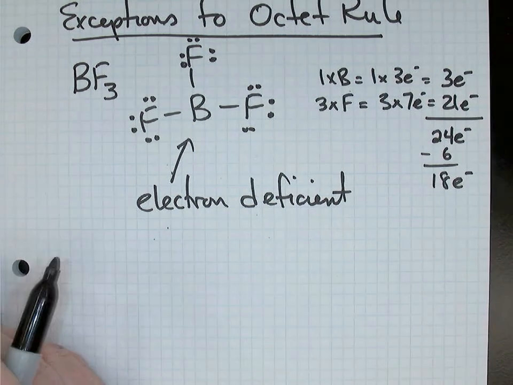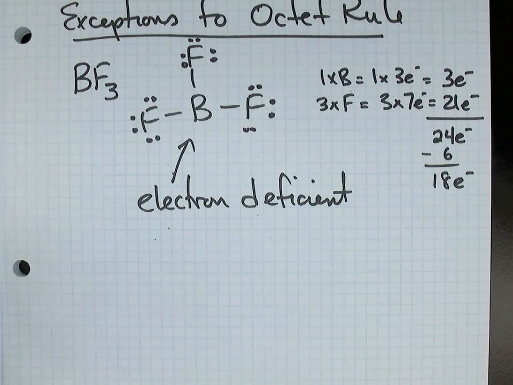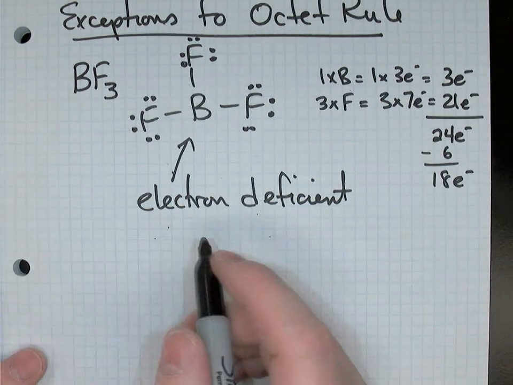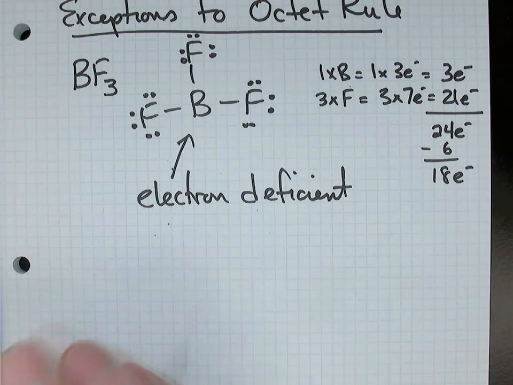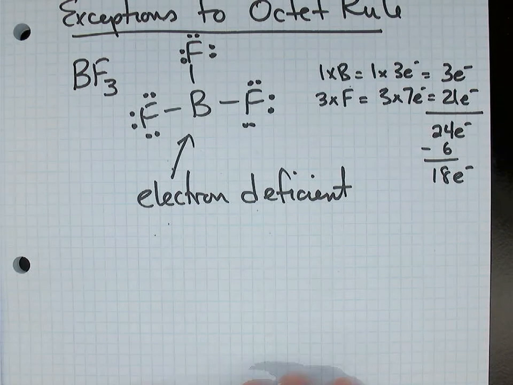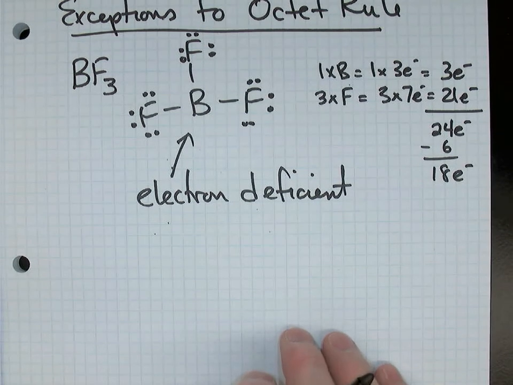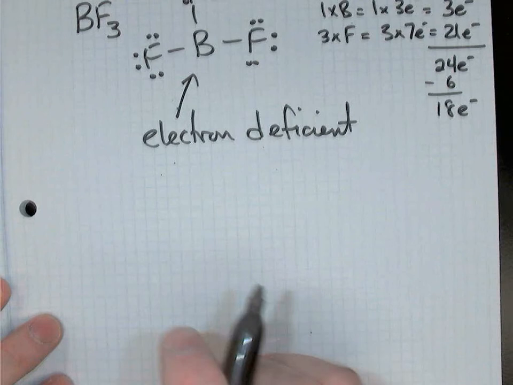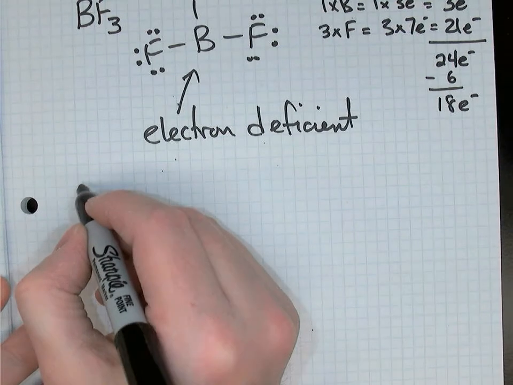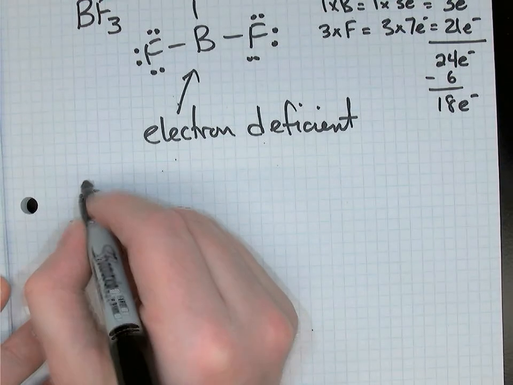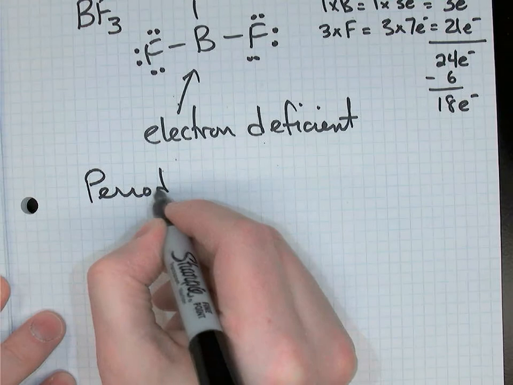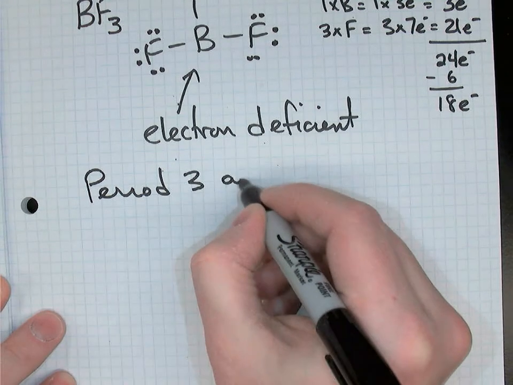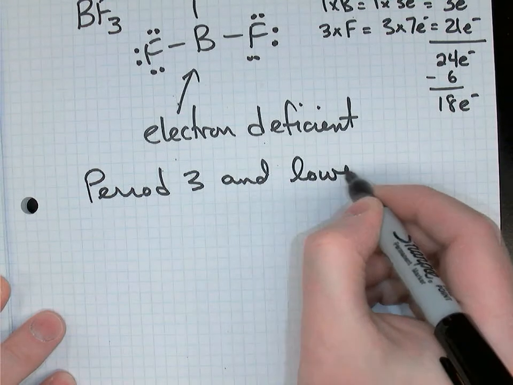It has less than the 8 electrons that we would want to give it. So simply memorize that that is the Lewis diagram for BF3. Other exceptions appear when you reach atoms in periods 3 and lower. So we talked earlier about just period 2.